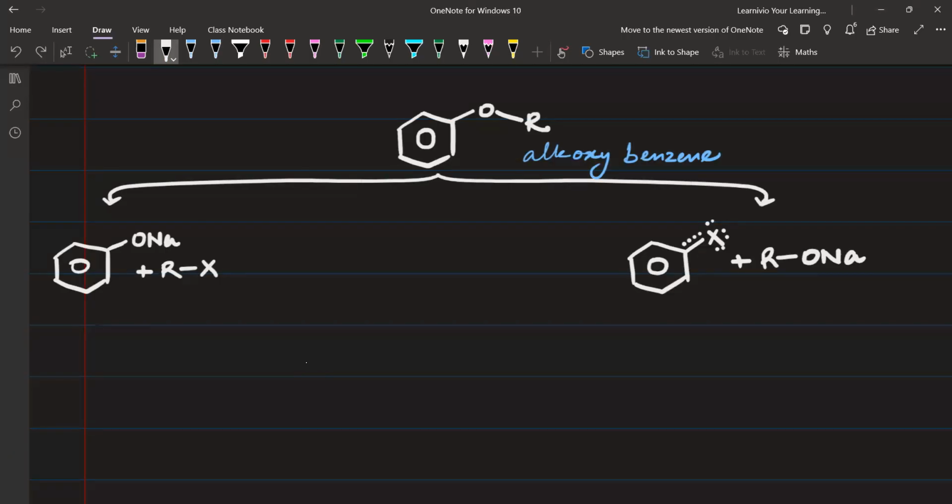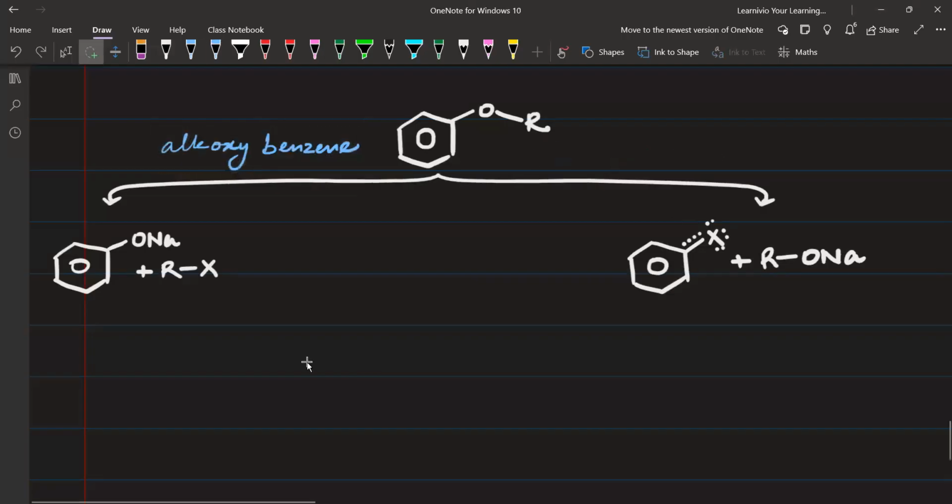But this bond cannot be broken very easily. Why? Because haloarenes do not show SN, nucleophilic substitution reactions. That is why we cannot use these reagents. Rather, we have to use what? We have to use sodium phenoxide and haloalkane.